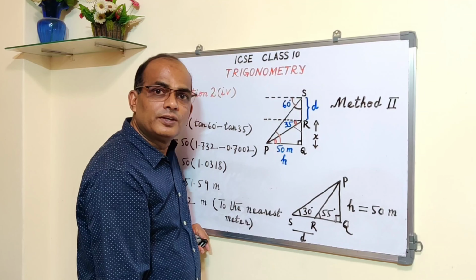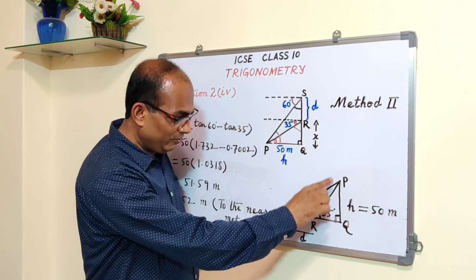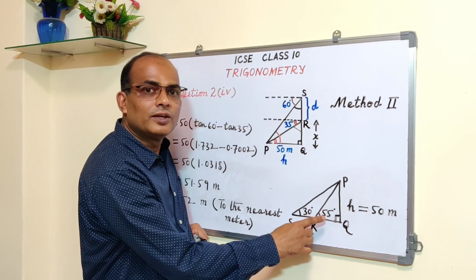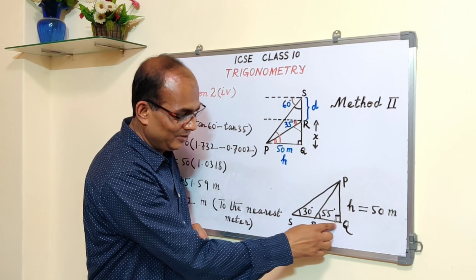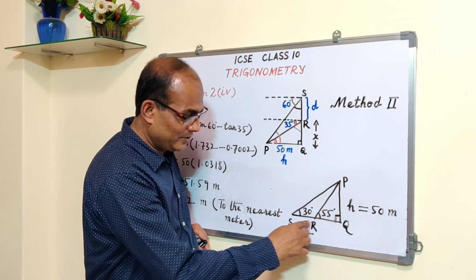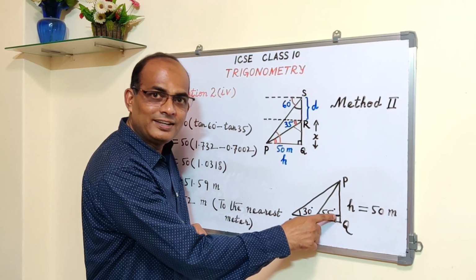So in all those situations, if you get this type of diagram, this is a building, this is a pole standing on the ground, horizontal, I mean this angle is 90 degrees.